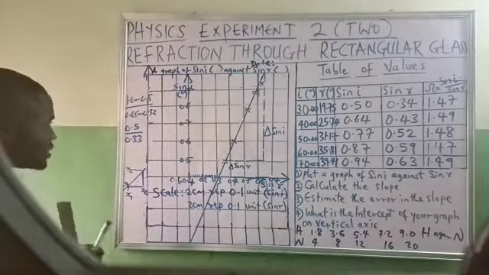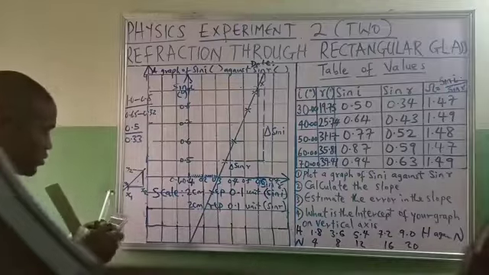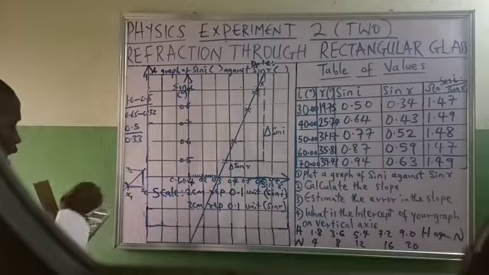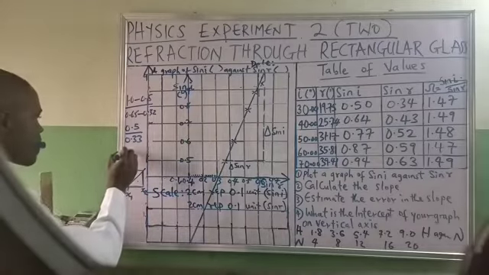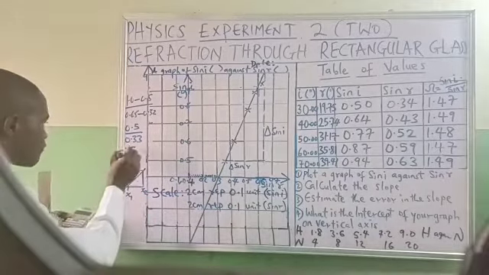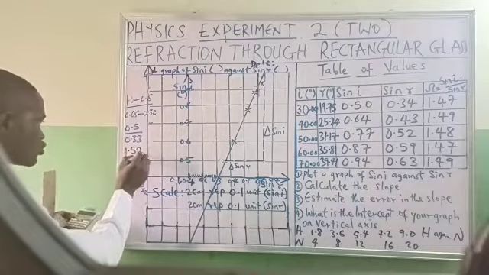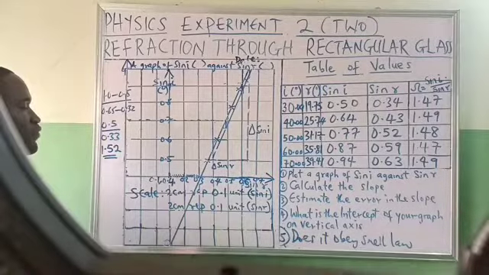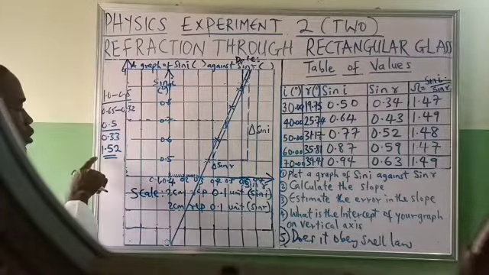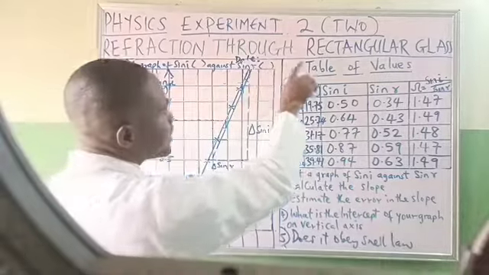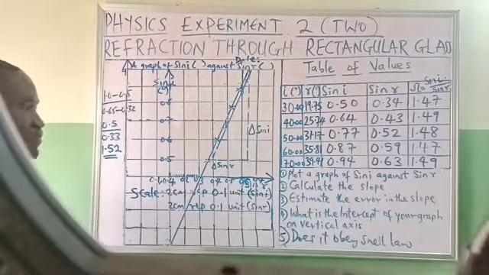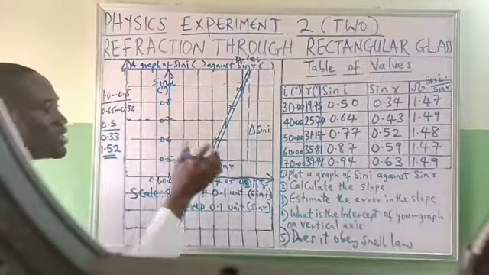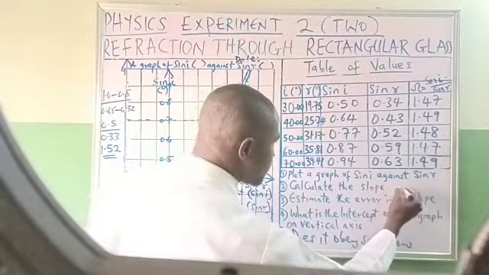So when you divide it, 0.5 divided by 0.33 will give you 1.52 approximately. Yes, our slope is 1.52. This slope will be called the refractive index of the rectangular glass prism. Now, do you notice that in the starting part of this video, we used the refractive index to be 1.48.